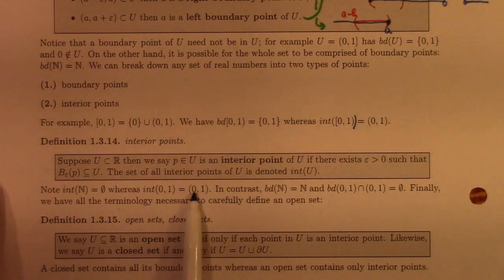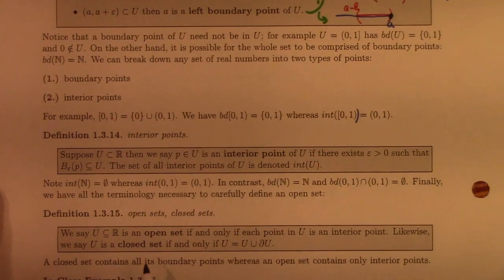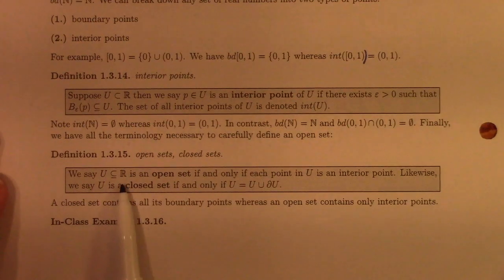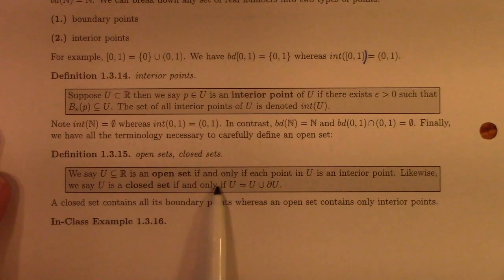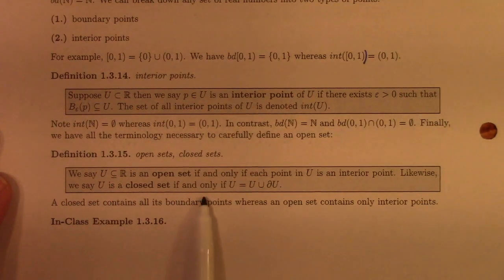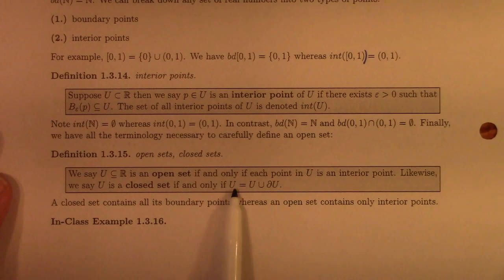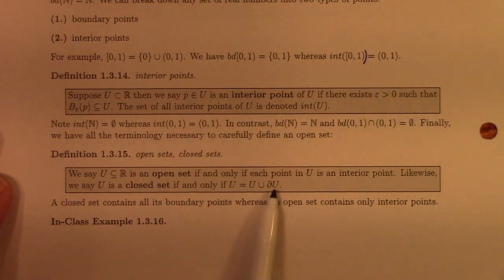The interior of [0, 1) is (0, 1). All right, enough. So finally, the definition: U is an open set means that each point in U is interior, and it's a closed set if whenever you take the union of U with its boundary, you just get U again. In other words, a closed set is one which includes its boundary.